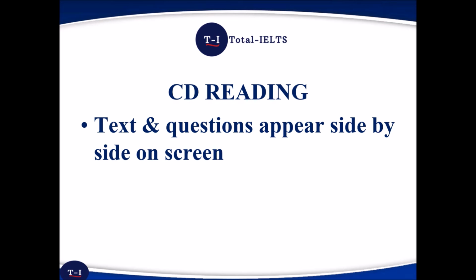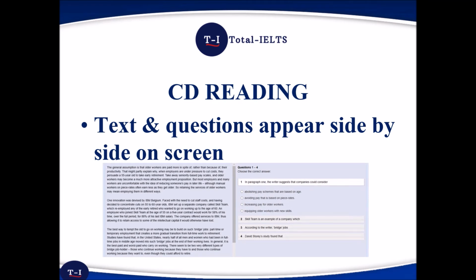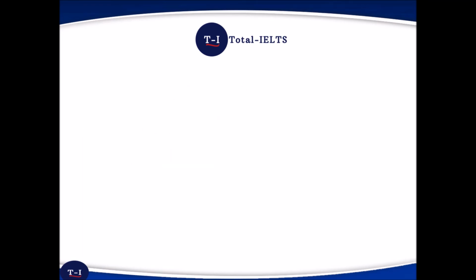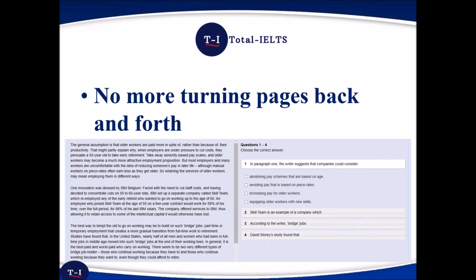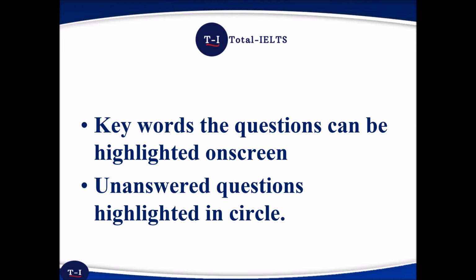As for the CD reading, the text and questions appear side by side on the screen. And this means no more turning the pages back and forth. Keywords, like the listening, can be highlighted on the screen, and unanswered questions are highlighted in a circle.